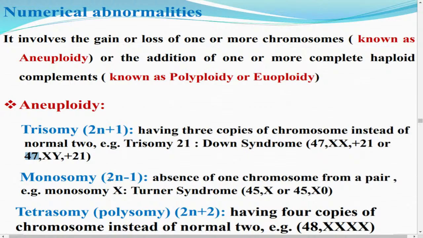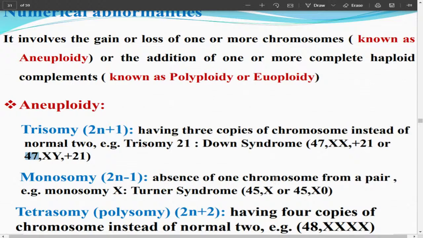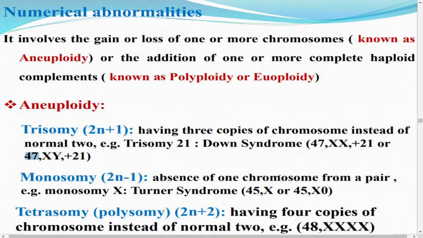In monosomy, 2n minus 1, the absence of one chromosome is also part of aneuploidy, and trisomy is also part of aneuploidy. Monosomy is the absence of one chromosome from a pair.